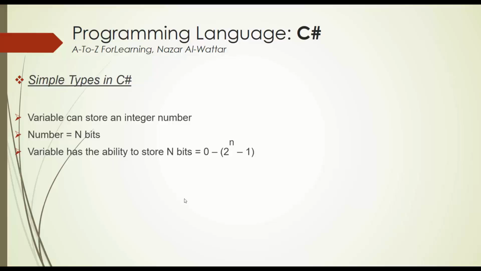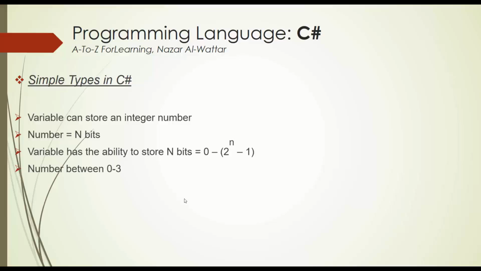Now we need to know the capacity of our variable, but before that we need to understand how many bits our number needs to be represented, so as to pick the right and proper variable. As we said, a variable that can store n bits can store numbers between 0 and 2 exponential n minus 1.